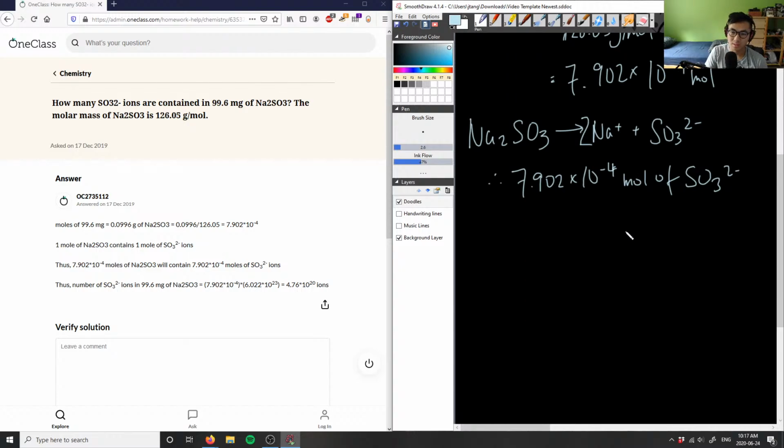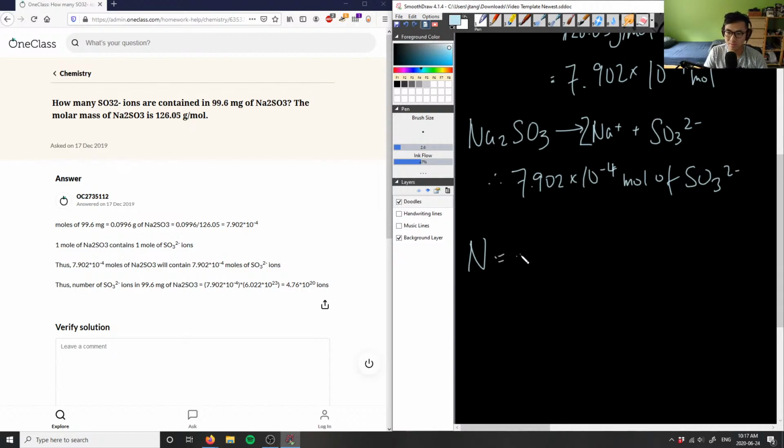ions, right? So we can say that number of ions, so you can say Na equals moles, or sorry, that's the Avogadro's number. Let me just write this out first for you. So I usually use capital N for number of particles, or number of ions, but it doesn't really matter.